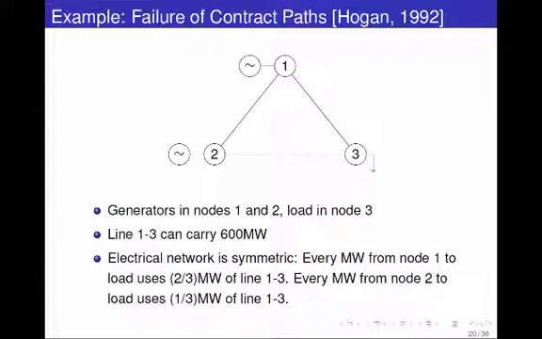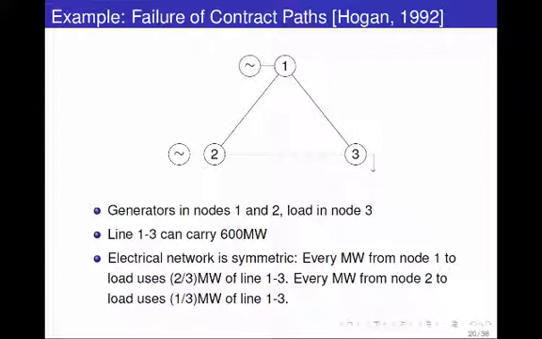Otherwise, if I don't present this transmission right, this trade will not be accepted by the market operator. Why do we define these rights? In order not to burn these lines. But it's a very simplistic way of defining a transmission right from this production area to this consumption area.